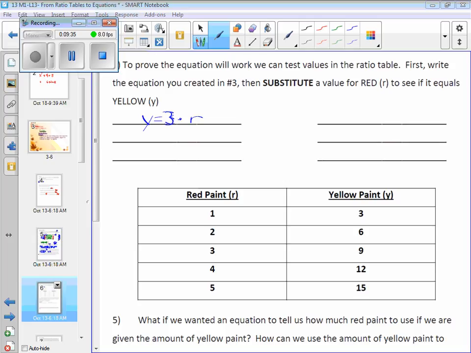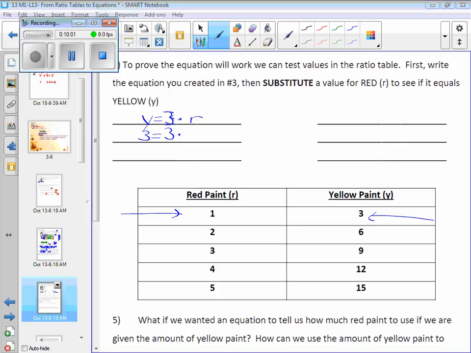So I'm going to take my first value, my first ratio. What was the value for y in that first row? Meals. I'm going to substitute where I see my y. I'm going to put a 3 here. Then I'm going to just bring down my 3, which is called the constant, or the multiplicative structure, I should say.